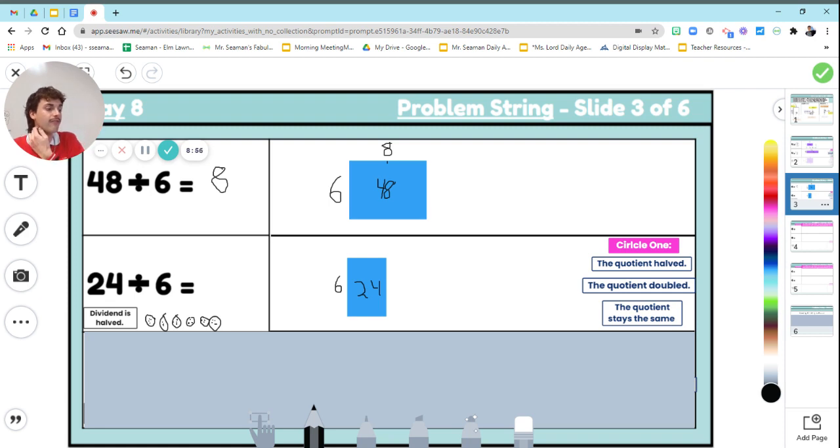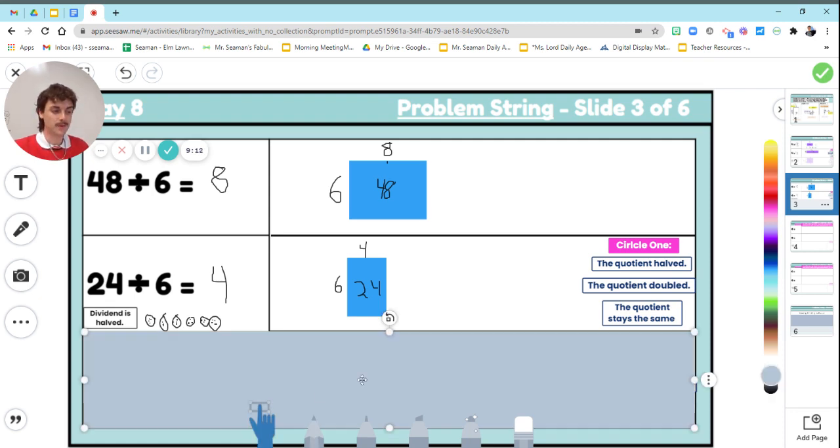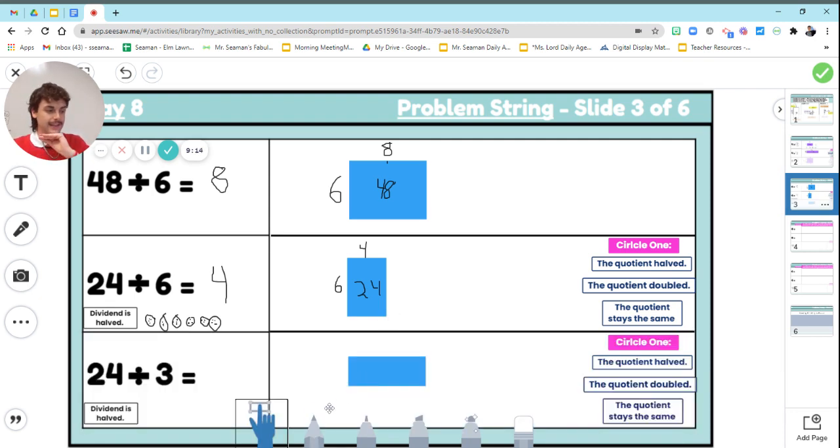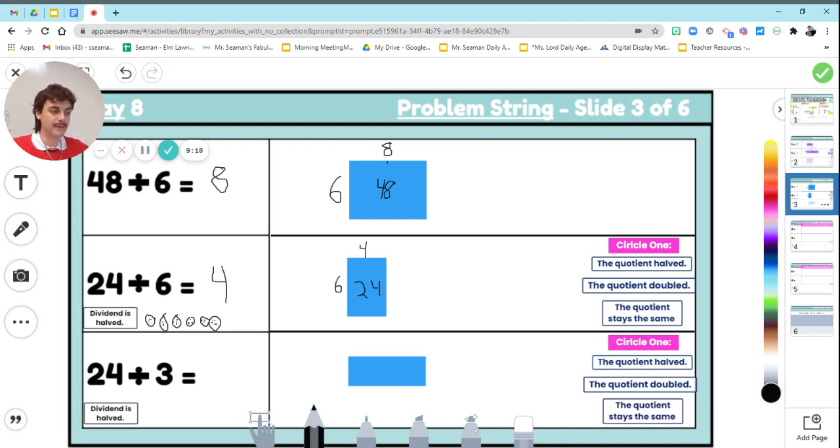Okay, so I have 4 for my quotient, and I have 6 groups of 4. So that means that I have 4 up here. What do you notice? Any patterns? Any notices? Okay. Last thing that we're going to go over here together is 24 divided by 3.